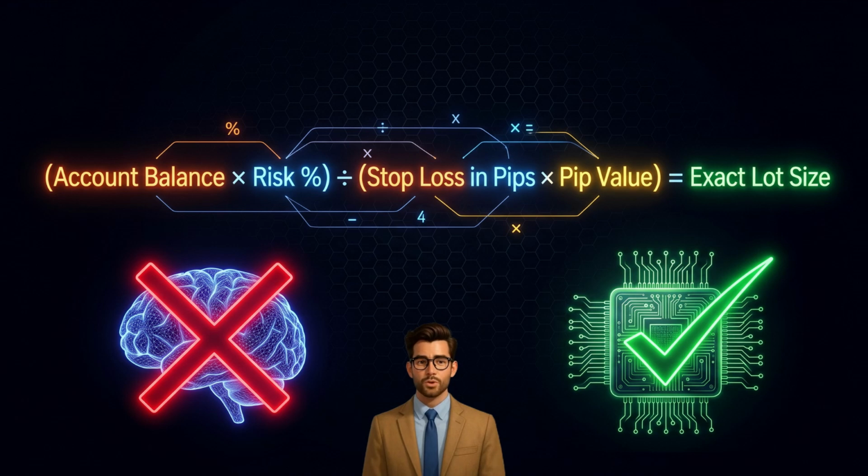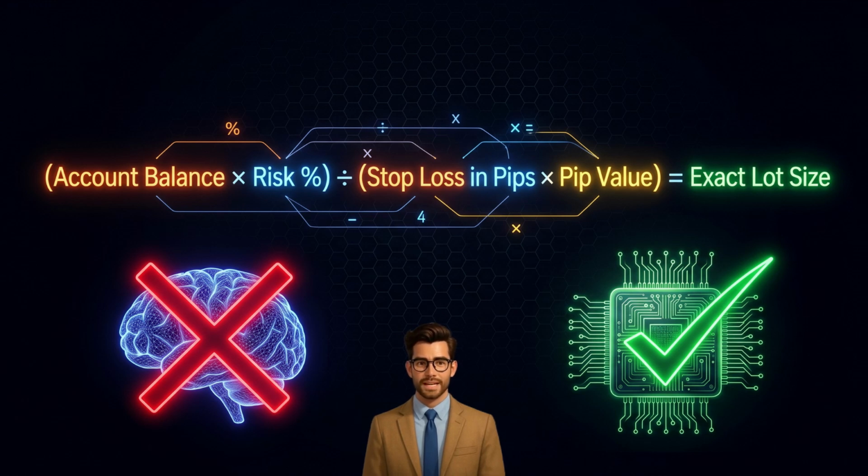Doing this math manually in your head while trading live is a recipe for disaster. The Forex market moves at lightning speed. When a Tier 1 news event hits, or a sudden change of character prints on the 15-minute chart, you only have seconds to execute your entry. If you pause to manually calculate exchange rates, convert quote currencies, and divide decimal points, the setup will be gone before you even touch your keyboard.